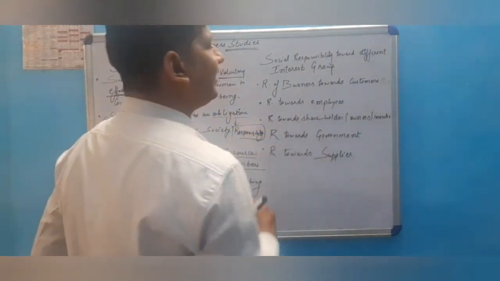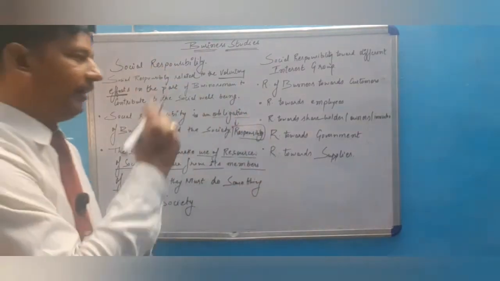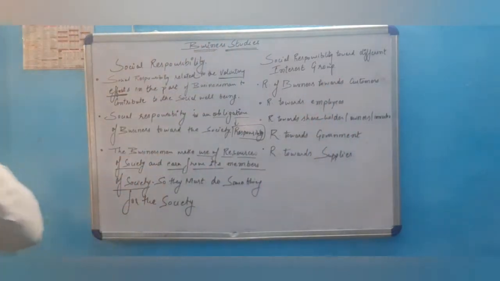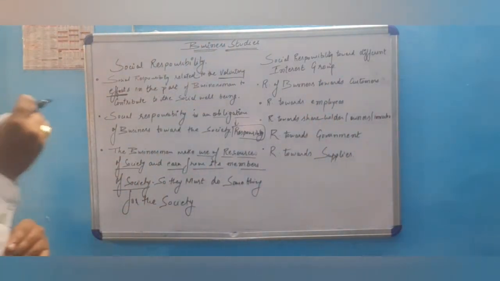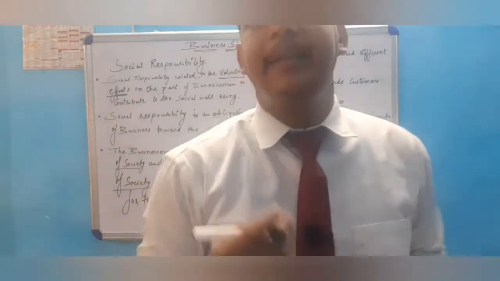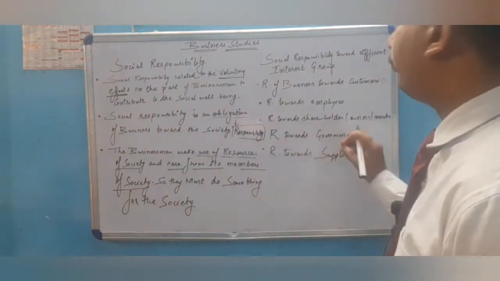Responsibility towards its employees. What are the responsibilities of business towards its employees? Responsibility towards shareholders, owners and investors. What are the responsibilities of business towards its shareholders, owners and investors in the company? Now, responsibility towards government.